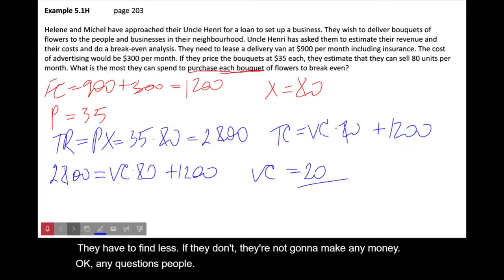Sir, I do. Are we going to go over the 5.1 exercises? I have a question about one of the problems. You have a question about a particular exercise from the book? Yes. Okay, hold on.